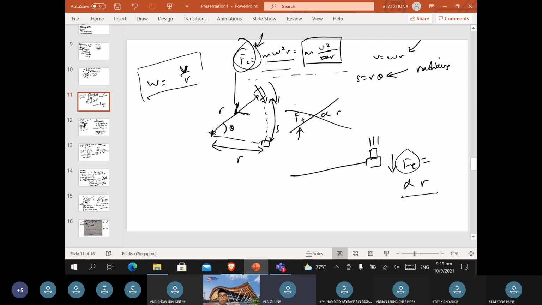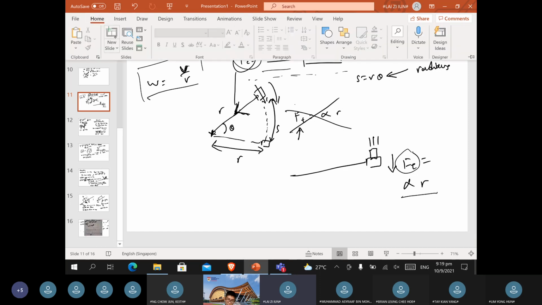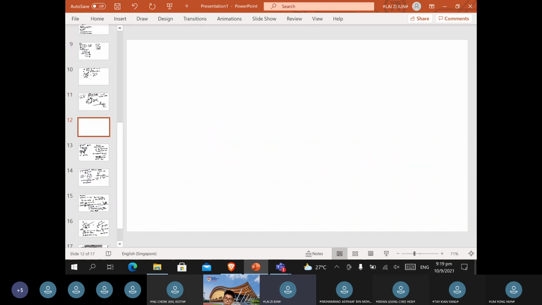Do we need to know how to convert RPM to radians per second? Yes, of course. But I think that is fairly trivial. We know that one rotation is one complete round around the circle.